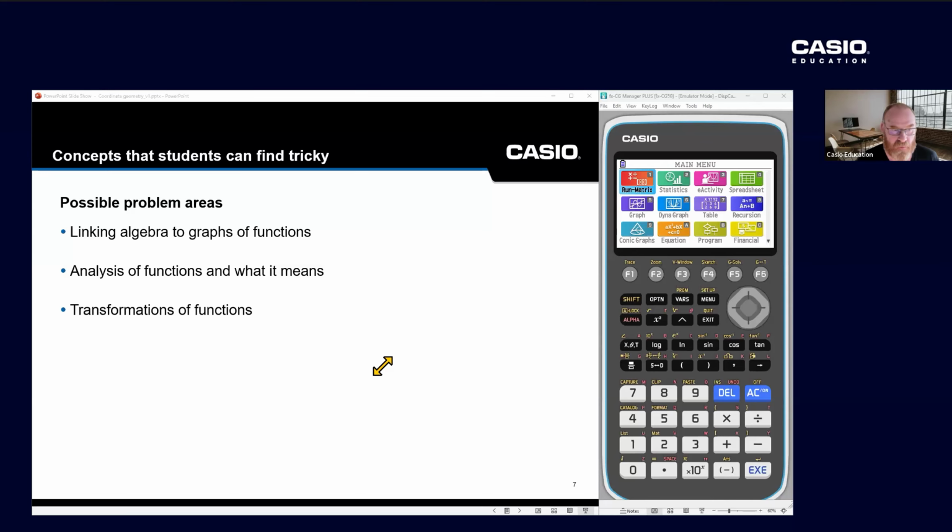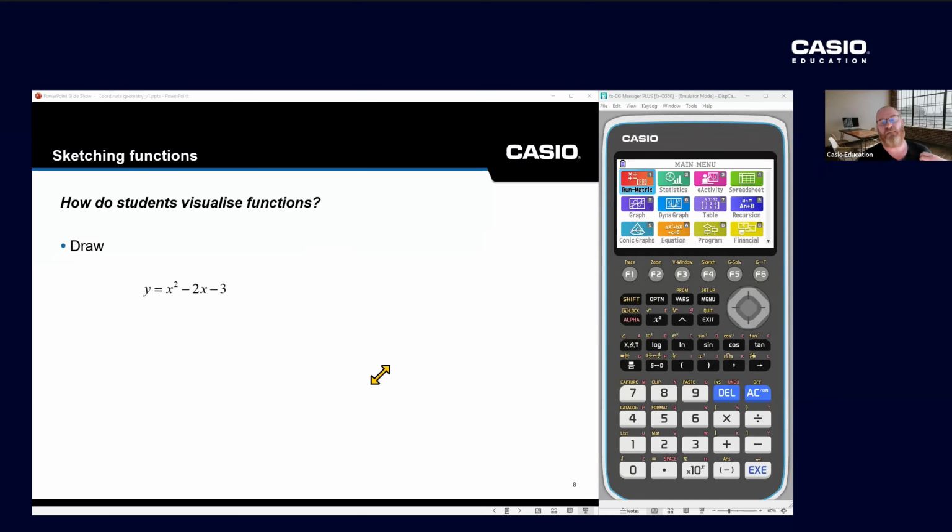We're going to look at transformations of functions today. The obvious mistake that students may make is with horizontal translations, whether it is plus or minus the a, and in which direction it goes, left or right, for example. And of course, how to interpret questions that are couched in terms of transformations, which I've got an example for you that you can have a look at later.